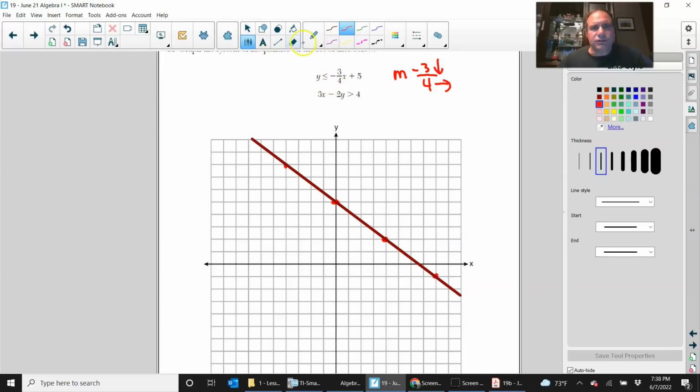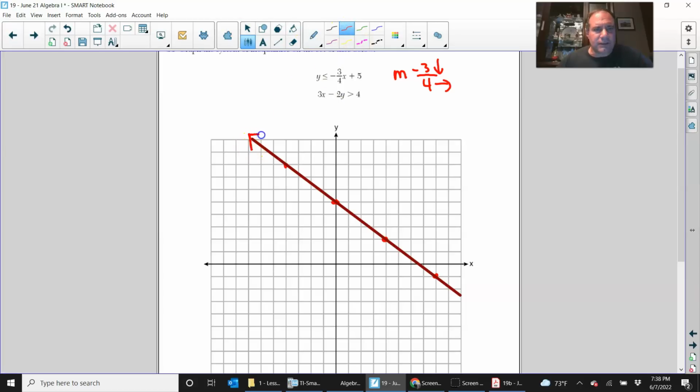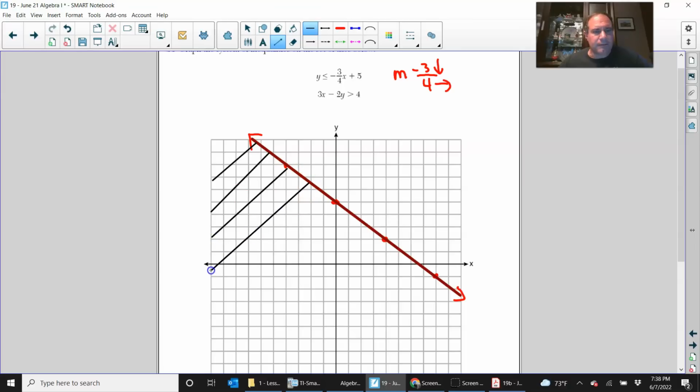So just don't forget also that you must put arrows on each side of this line. And it's going to shade down, just like the calculator says that you're going to shade it down, and I'm going to shade it down right now. So I'm going to shade it down like this. It is less than, that's why the shade is down.